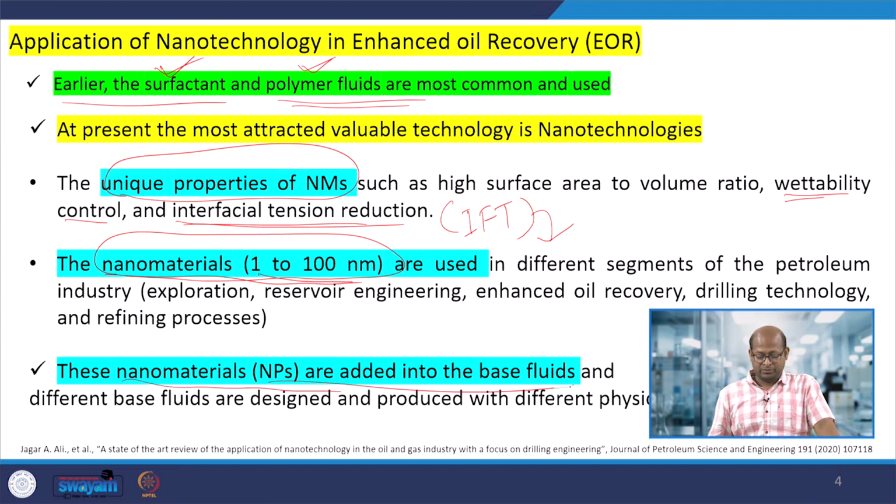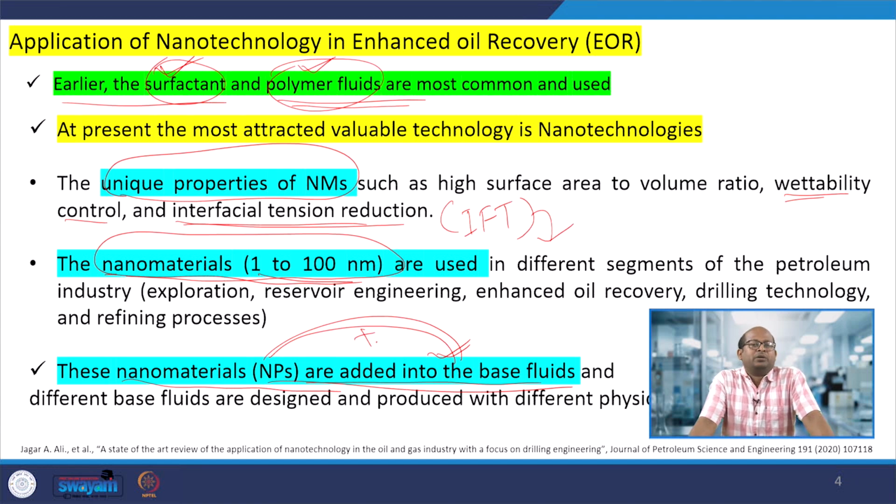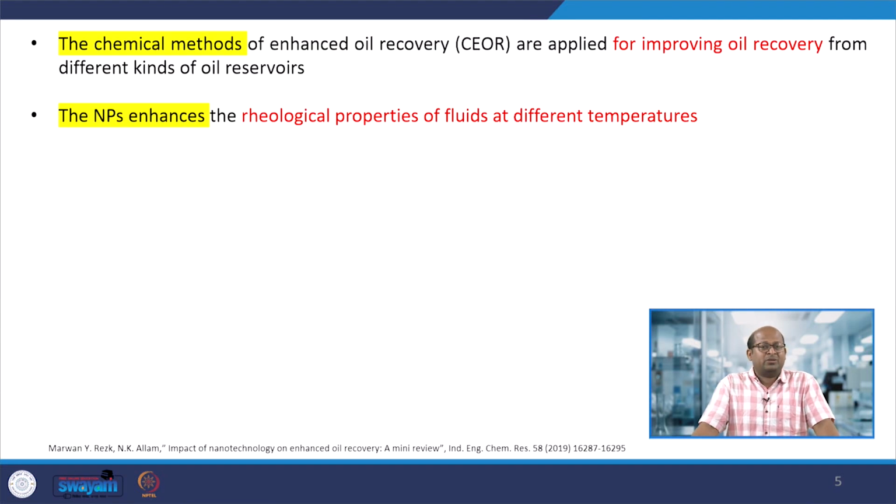These nanomaterials are added to the base fluids, which may be surfactants or polymers. Then the properties of the base fluids, the surfactant or polymers, are improved or changed, and as a result the performance of the fluids in recovering the oil changes.